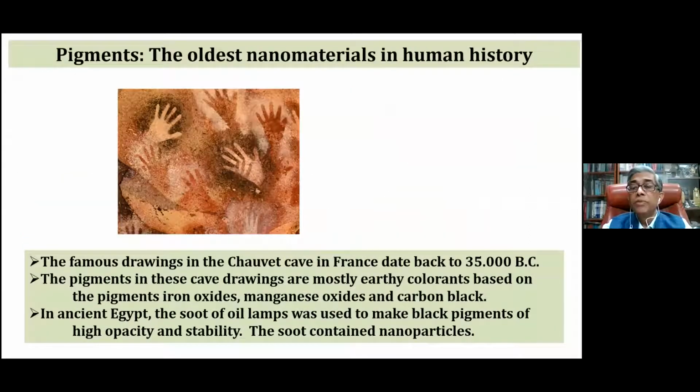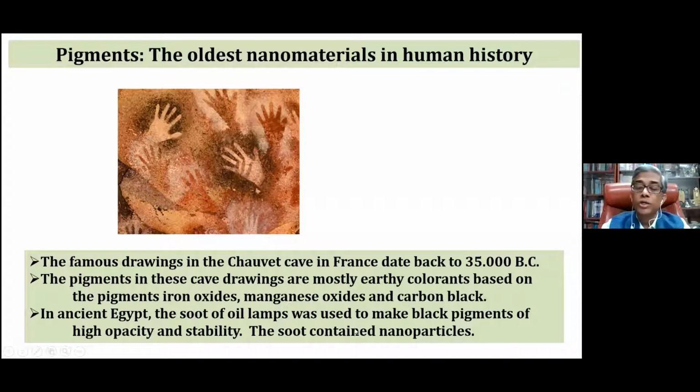If you see 35,000 BC, this is a famous drawing in France, in the Chauvet cave, where lots of pigments made from iron oxide, manganese oxide and carbon black were used, which are actually in the form of nanoparticles. In different countries, people used to develop these nanoparticles from the soot of the oil lamp.